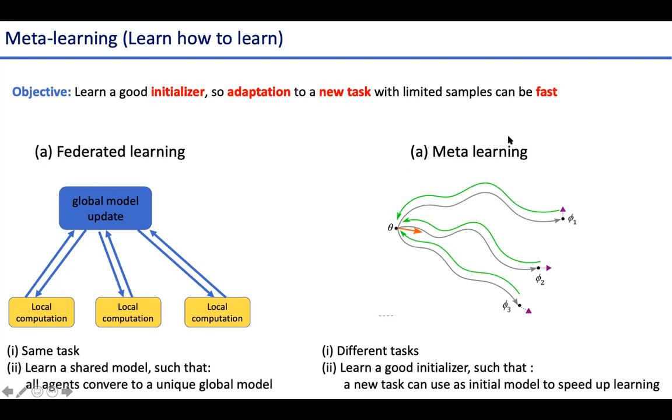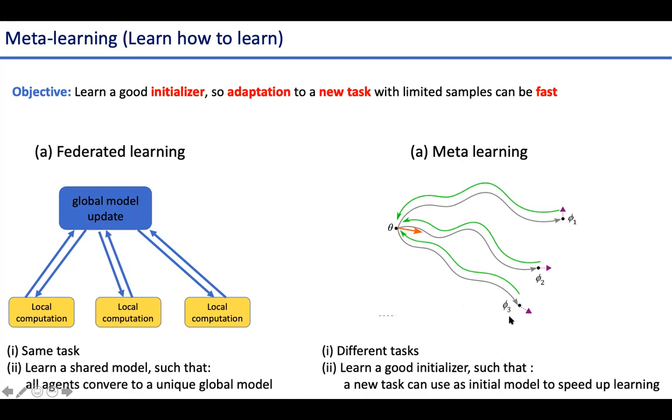Now, if we look into meta learning, in fact, the objective in meta learning is different. The goal here is not to learn a global parameter that will be shared across agents. In fact, here the objective is to learn a good initializer.